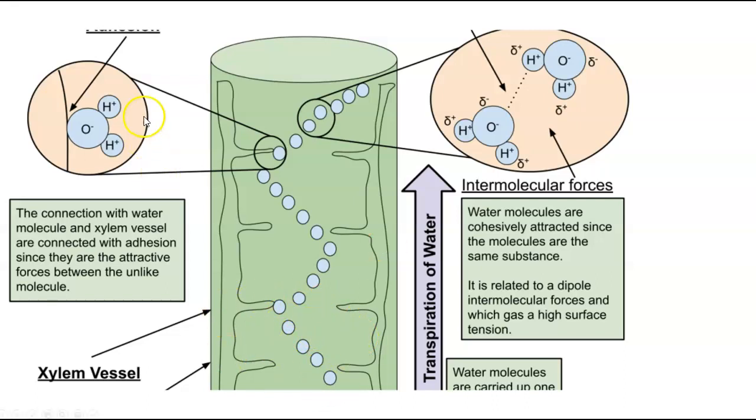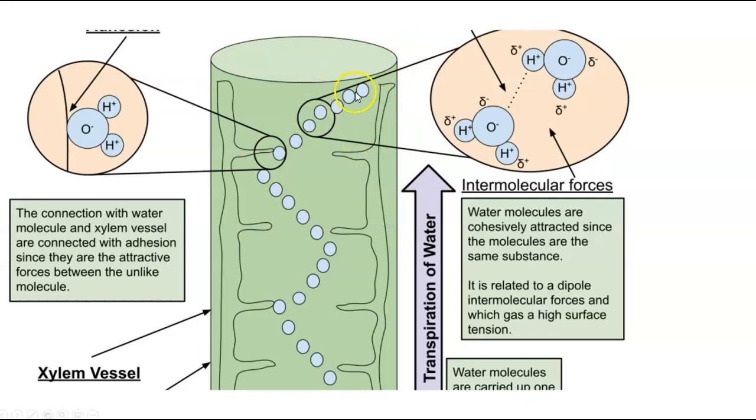So there are actually two things happening here. This is the vessel shown here. Water molecules are able to adhere to the sides, meaning that they won't fall down. And on top of that, when water evaporates from the leaves, water from within this system will move into the leaf.